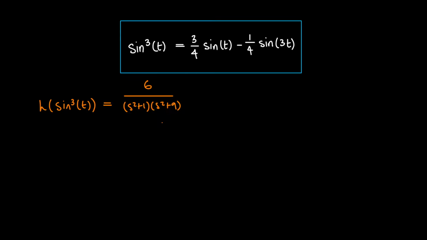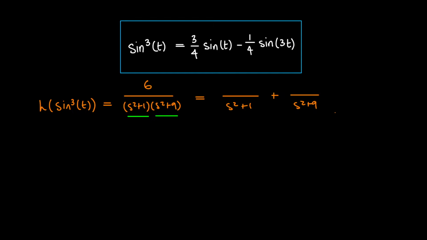Now, this fraction here can decompose. Every fraction of this form can decompose into partial fractions, right? So we can write this, in a certain way, as something divided by s squared plus 1, and then plus something divided by s squared plus 9.